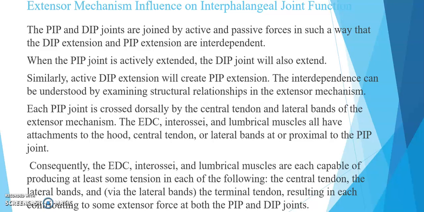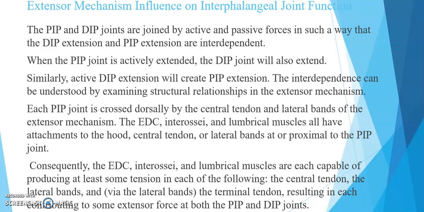So I hope you understand the interdependence of the EDC, interossei, and lumbricals, and the attachments which we call the expansion hood, central tendon, and lateral bands. Here we are separating the EDC tendon; its distal part is the central tendon and lateral bands.